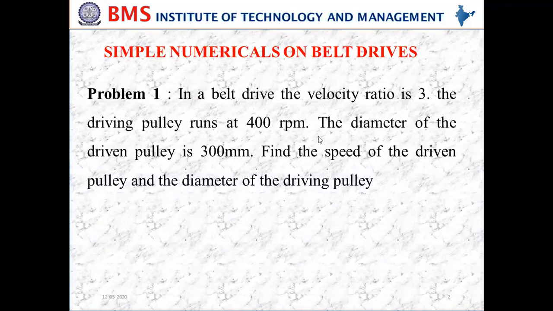So you can use the velocity ratio equation. The velocity ratio is always given as n2 by n1, that is driven pulley by driving pulley. Based on that equation, the speed of the driven pulley can be calculated.